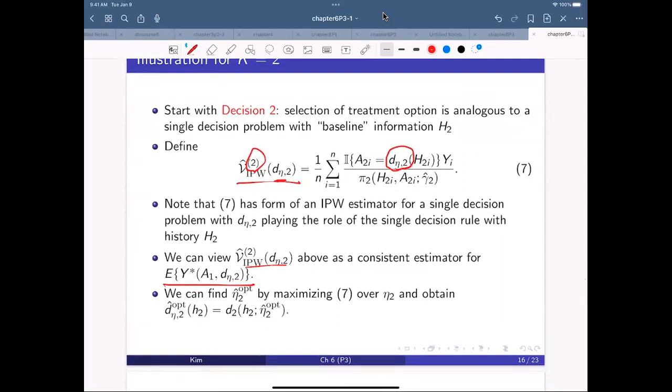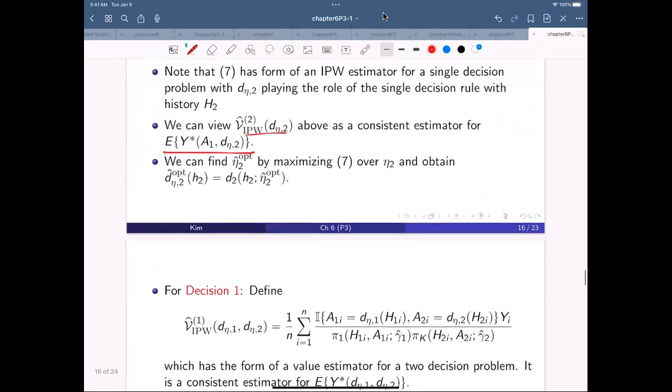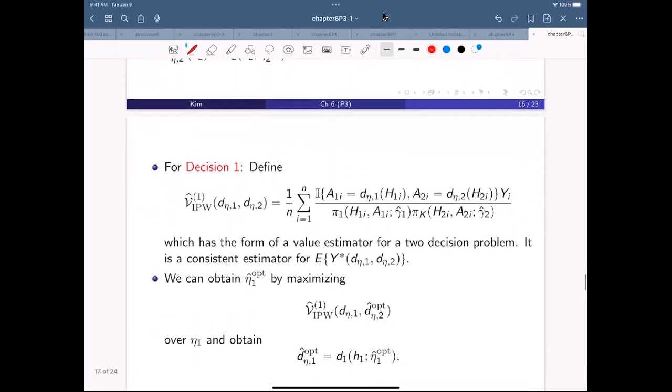You use this one to optimize, and that will give you the best. So we optimize this one, then plug in, and optimize with respect to eta 1.